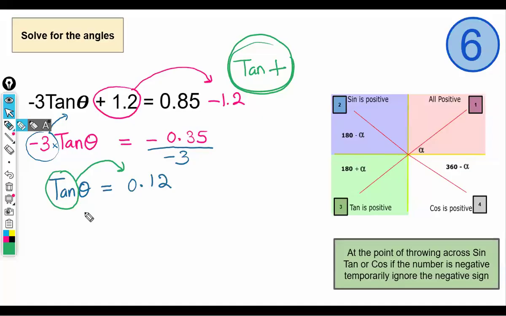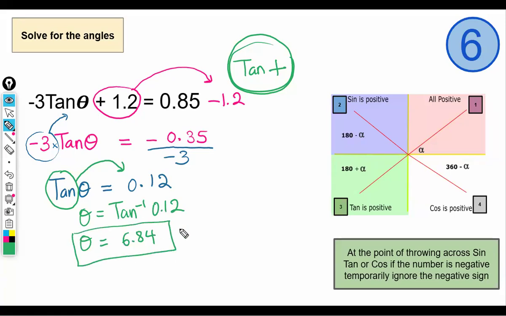With a positive type of question, when you throw across the tan, you're going to get tan inverse 0.12. You get 6.84. Now, because it's a positive question, this is actually one of the answers, the alpha here. So where is tan positive?